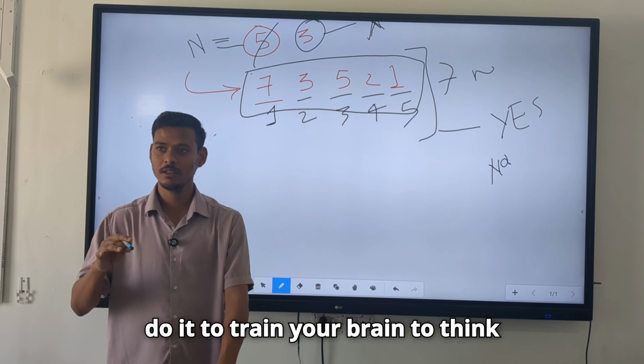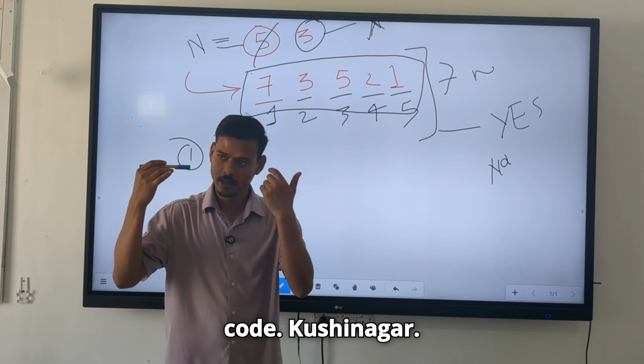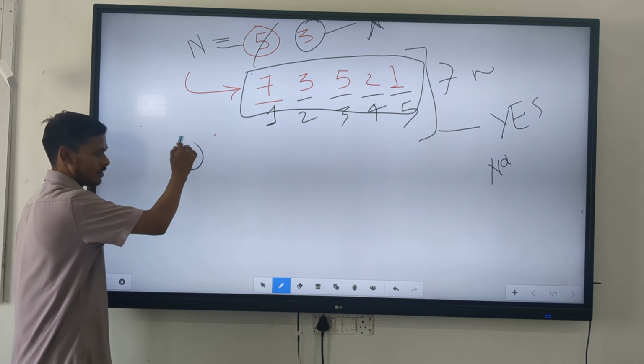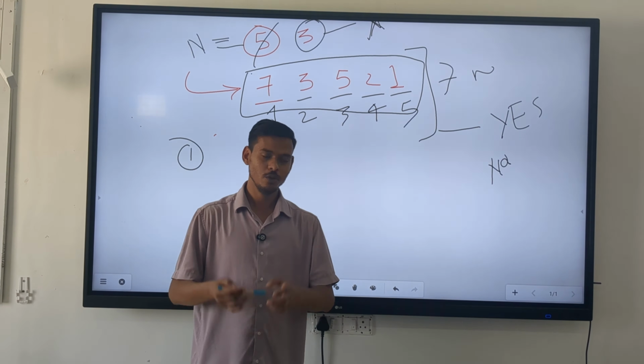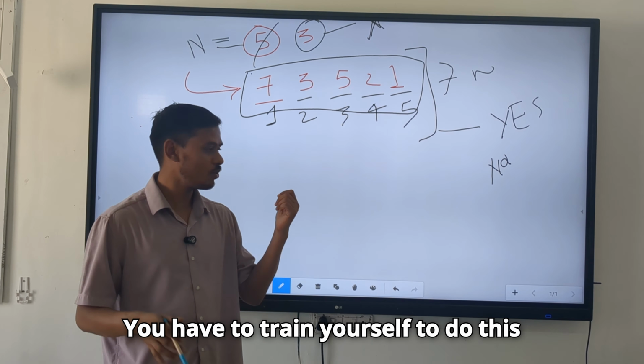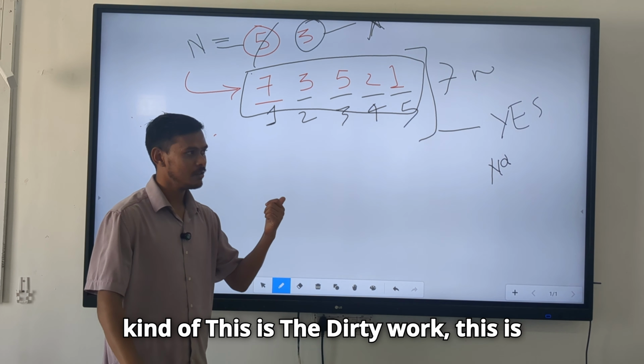I get the question, but I can't figure out the code. That is why, because you are not even trying to code. It doesn't matter whether you're into induction or something else, you have to train yourself to do this kind of thing. This is the dirty work. This is the hard problem to solve. This is the hard skill to get, but you have to do it. Okay? Let's get back to the topic.